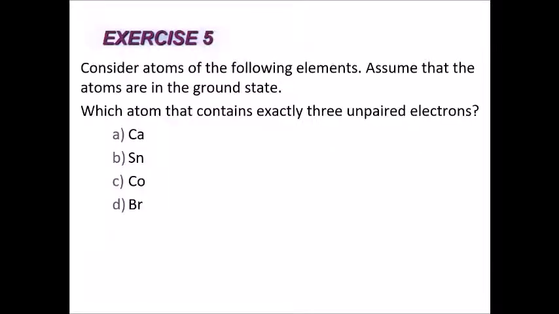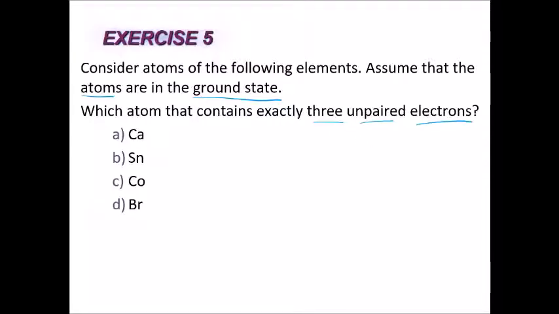This one's totally a fun one, a totally different approach. You have been given atoms in their ground state, so they are not excited. They are in their ground state configurations. Which atom contains exactly 3 unpaired electrons? And I'm talking unpaired here. What do I need to really examine in order to figure this out?